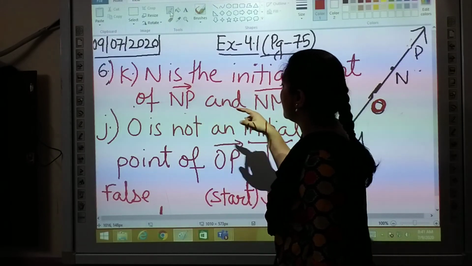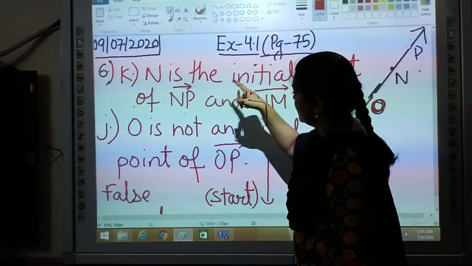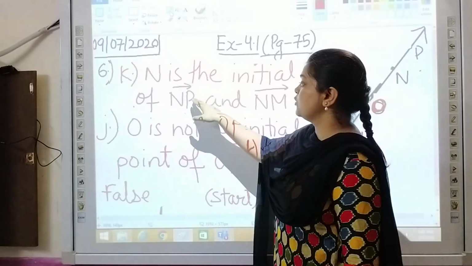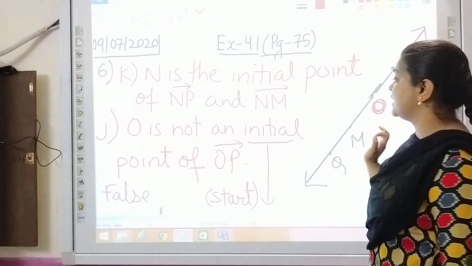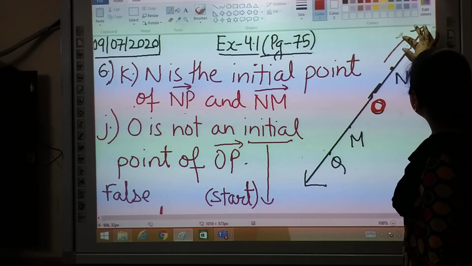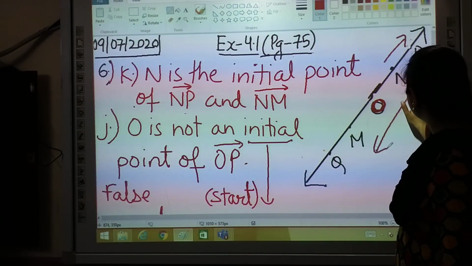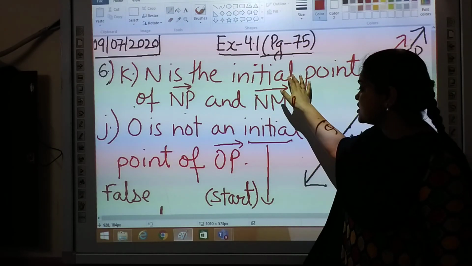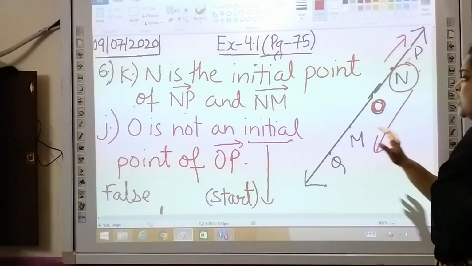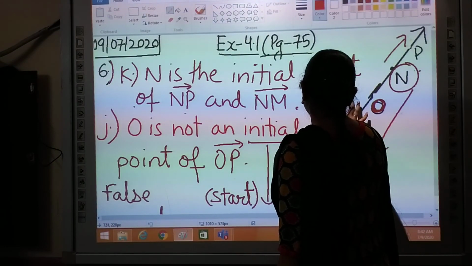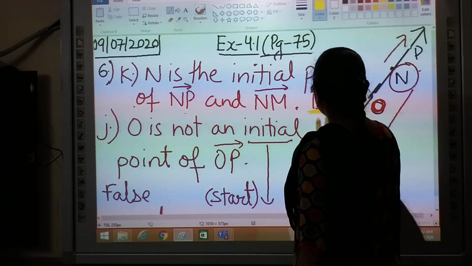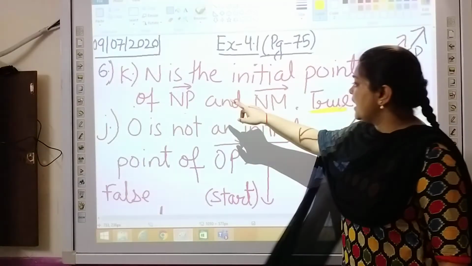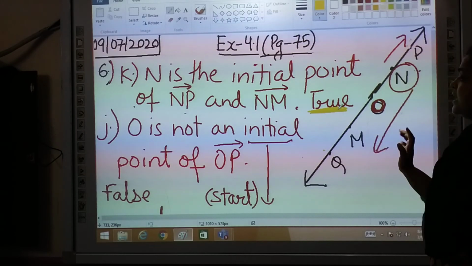NP जब कहा गया है, NM जब कहा गया, N is coming here. जब हमने रे की डिनोशन को पढ़ा था तो हमने क्या कहा था, जहां से रे शुरू होती है उसको पहले लिखते हैं और एरो हम उस पे बनाते हैं जिसका एंड पॉइंट फिक्स नहीं दिखाई देता। तो NP जो रे है वो ये है और NM जो रे है वो ये है, ठीक है। क्लियरली जो दोनों रेज हैं NP और NM वो पॉइंट N से ओरिजिनेट हो रही है, पॉइंट N से शुरू हो रही है। इनिशियल का क्या मीनिंग था, स्टार्ट। तो जो ये स्टेटमेंट है ये ट्रू हो गई। The statement is true because N is the initial and the starting point of rays NM and NP.